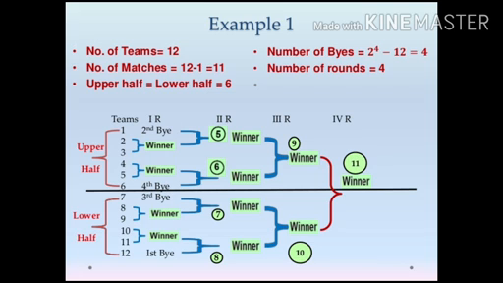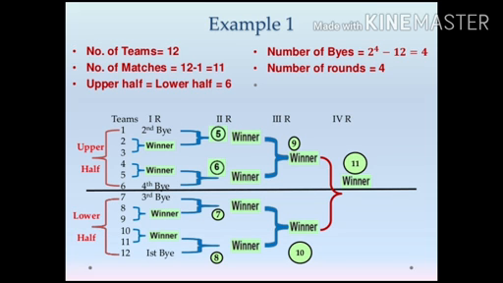So you subtract the number of teams from the next power of 2. The difference between the total number of teams and the next highest number in power of 2 is 16 minus 15, which is equal to 1. Hence, 1 bye will be given.